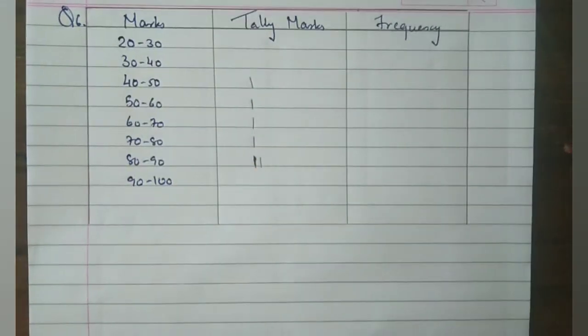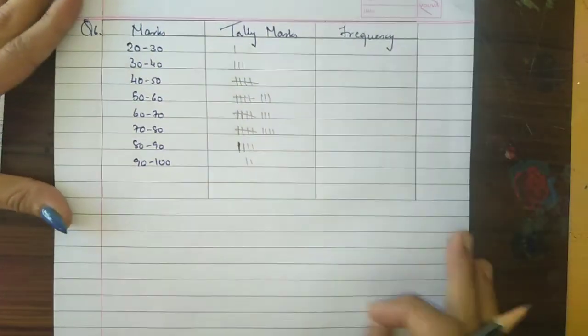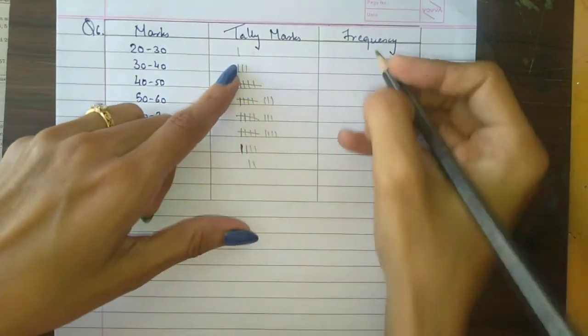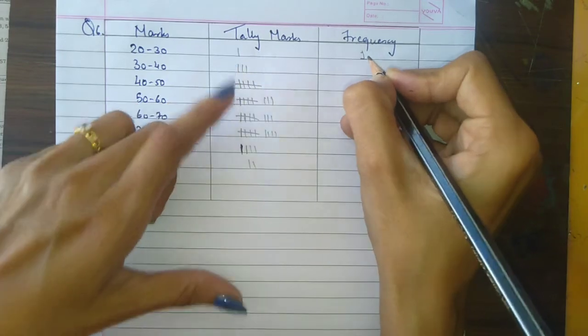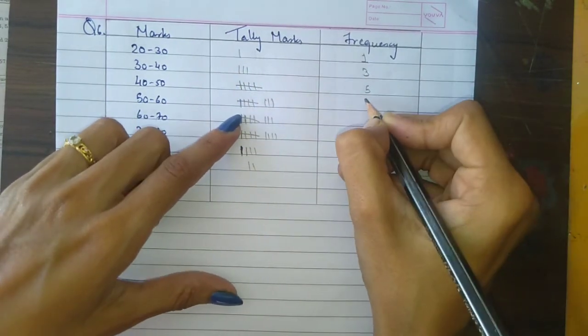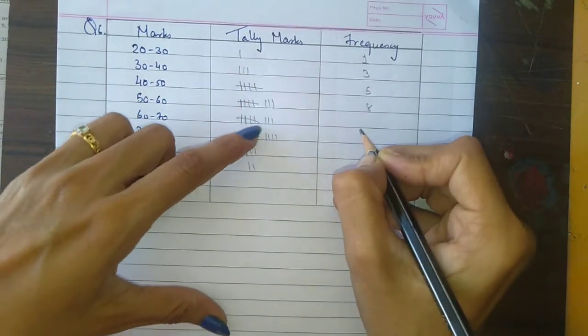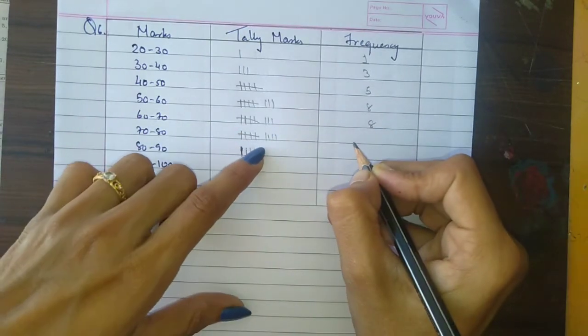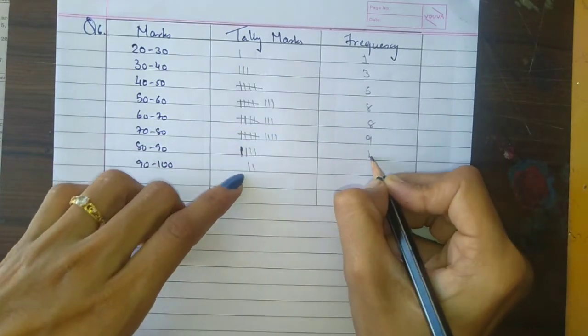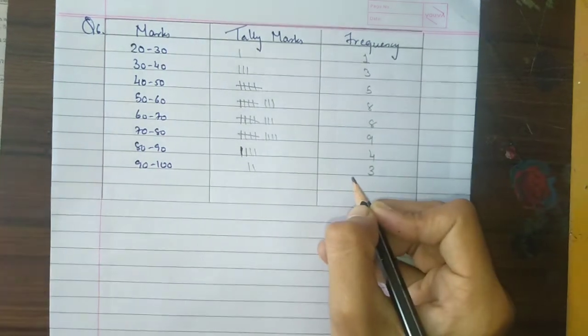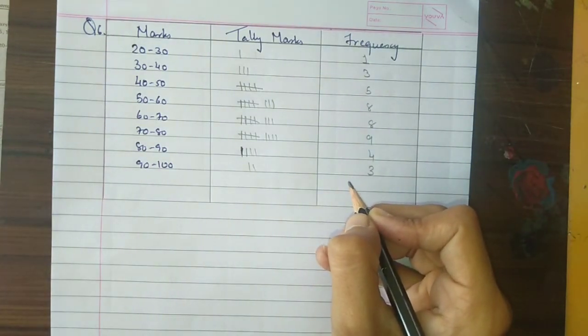So this way we will do it. I have completed this. Now we will count and write the frequency: 1, 3, 5, 5, 6, 7, 8, 5, 6, 7, 8, then 5, 6, 7, 8, 9, 4 and 3. So the total should be 40.